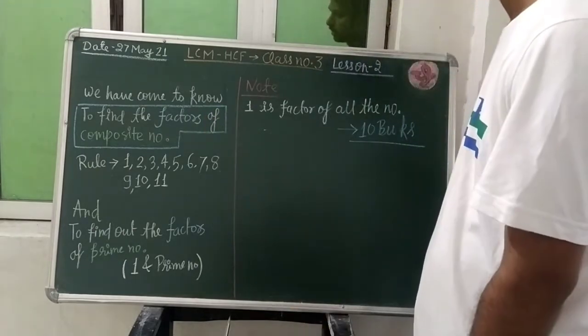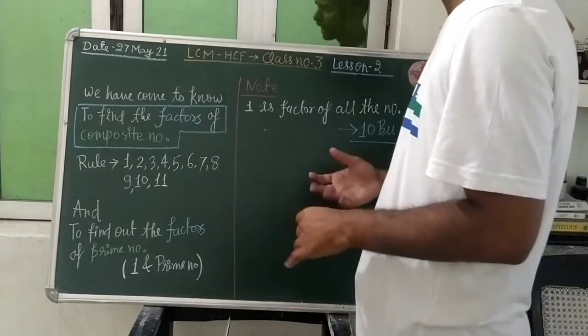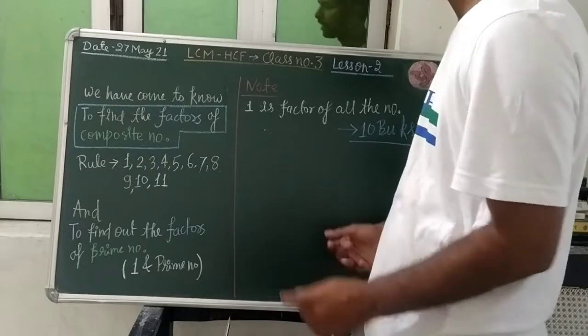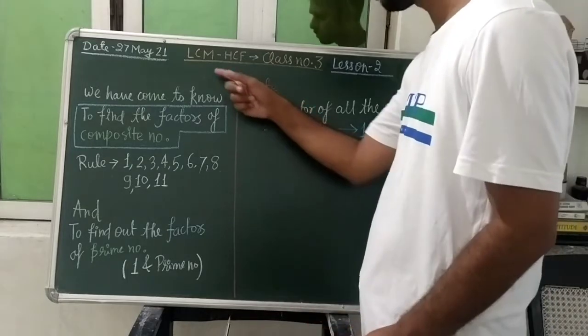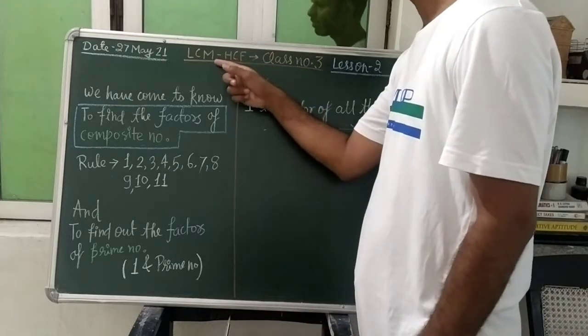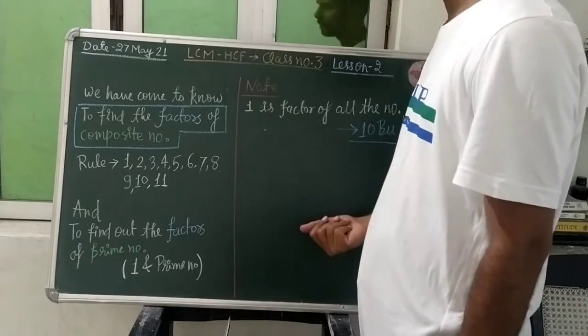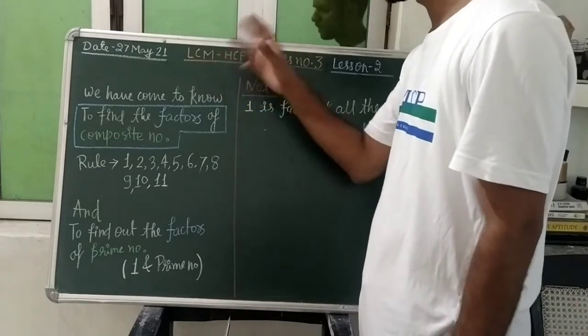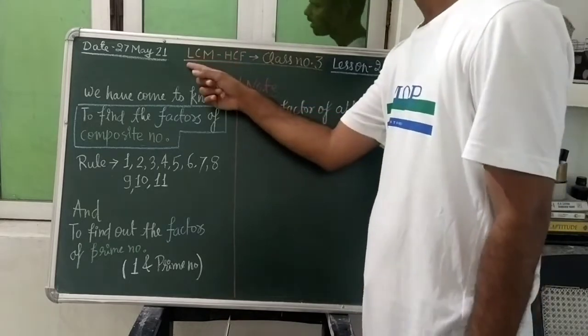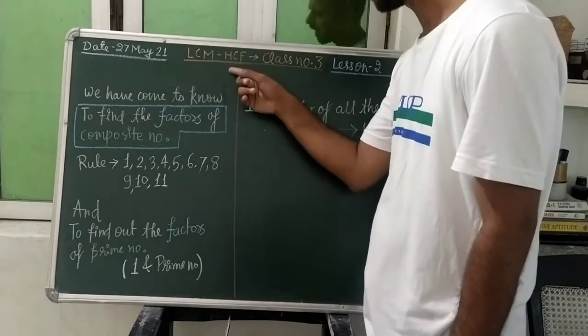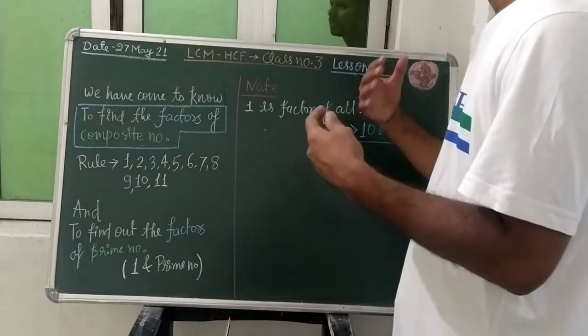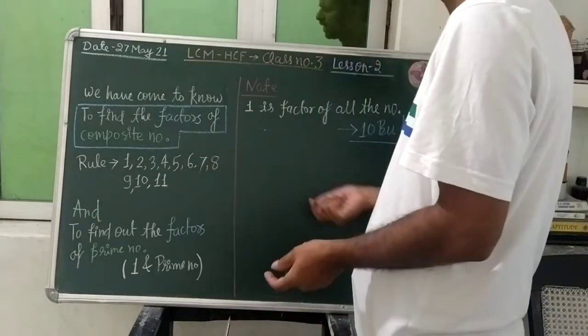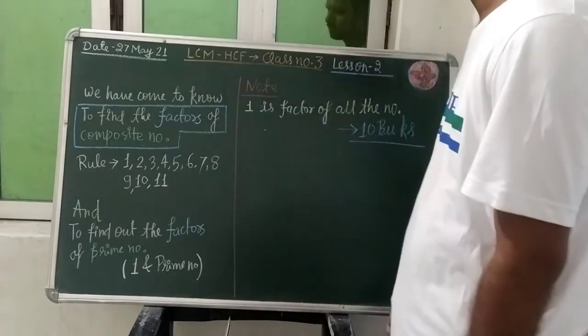We are talking about factors and multiples, LCM and HCF. M is multiple, F is factors, C means common, something will be common. Here least will be common, here highest will be common. So that can be defined as our LCM and HCF.